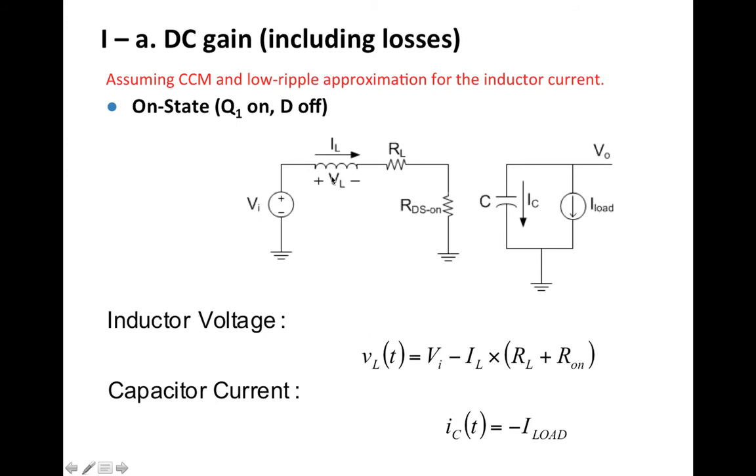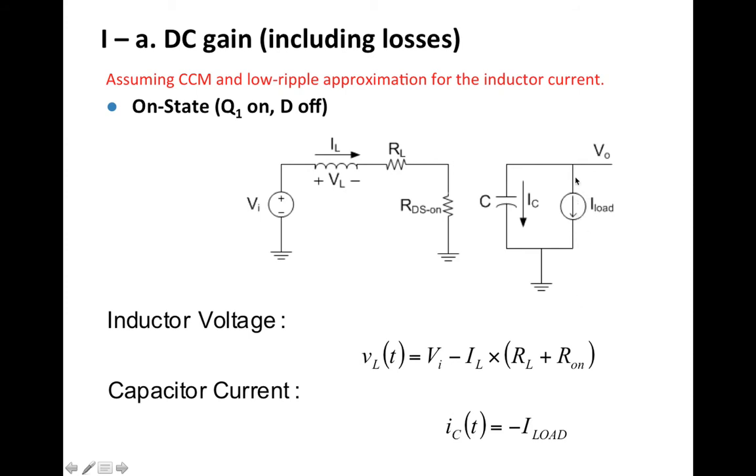So the voltage applied to the inductor is VI minus IL, the inductor current, times the total resistance. And again, assuming low ripple, this time domain signal is constant during this period because all of these variables are constant. For capacitor current, it's very simple.